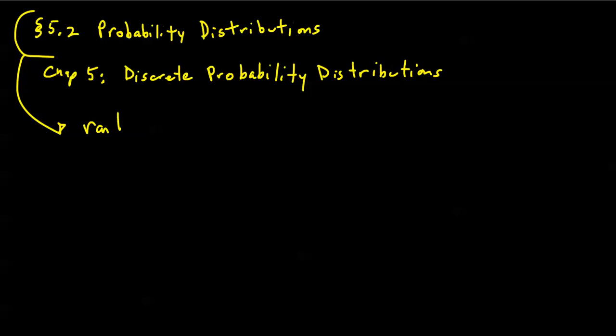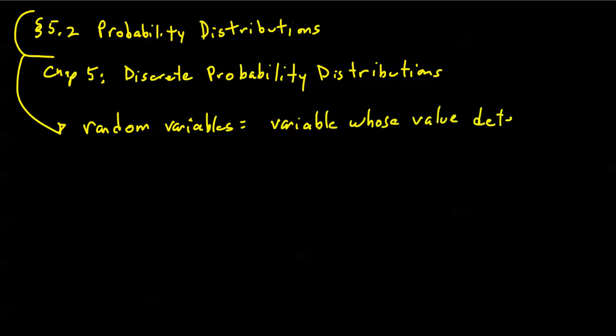Well, before we start talking about probability distributions, let's talk about random variables. A random variable is a variable whose value is determined by statistical experiment, or more informally by chance.